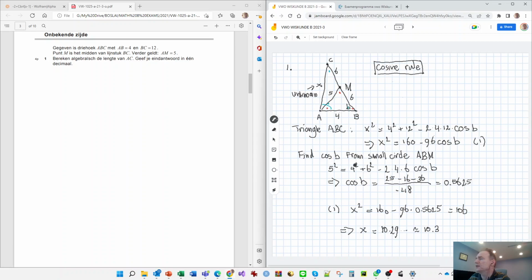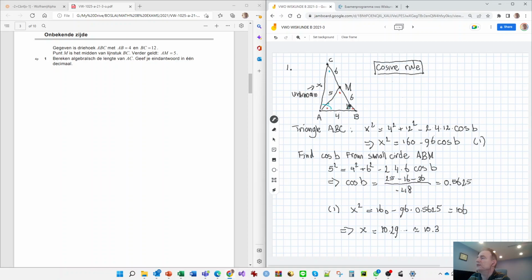That's this equation. And from this you need to do some simple manipulation. Then you find that the cosine of B is 0.56 something.